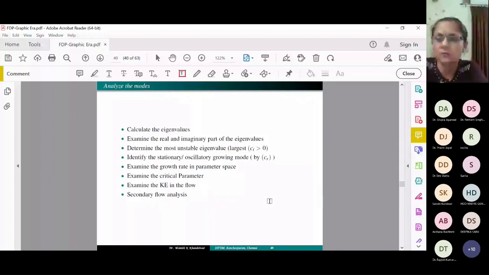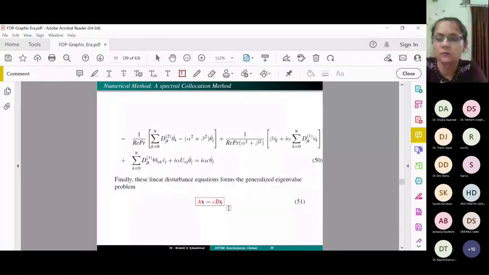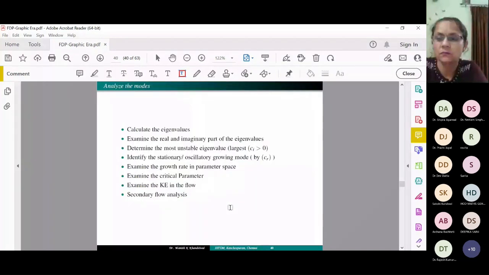First, to calculate the eigenvalues: if we have obtained Ax equal to CBx, then several platforms are available to solve the eigenvalue problem. In MATLAB, if the A matrix and B matrix are ready, we can directly use the command eig(A,B) and we will get all the eigenvalues.